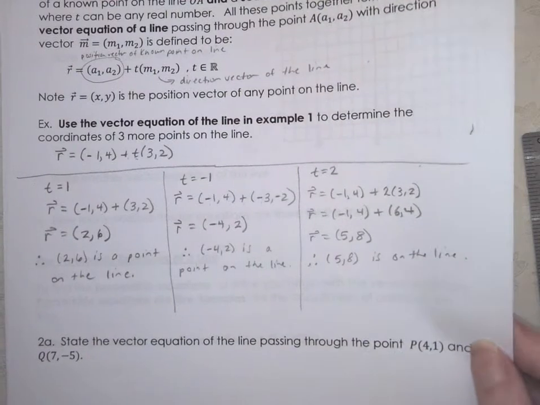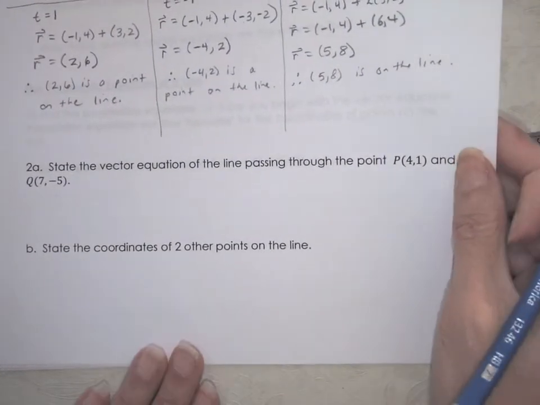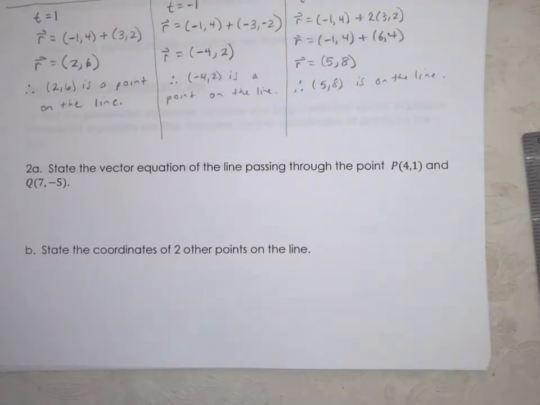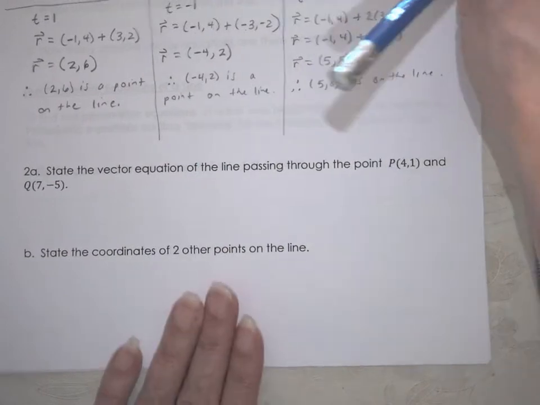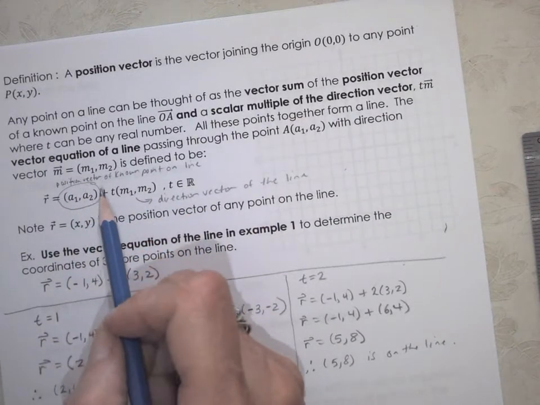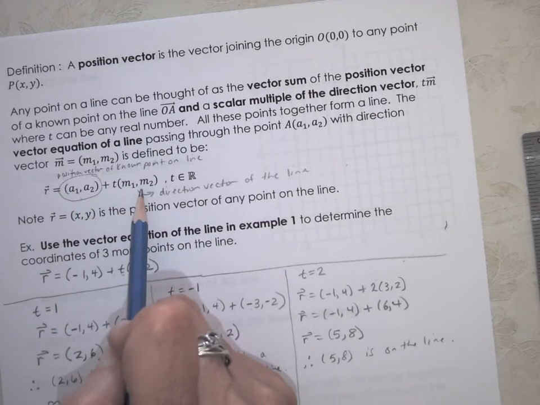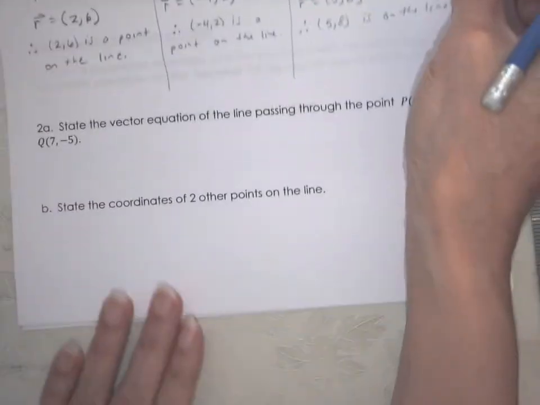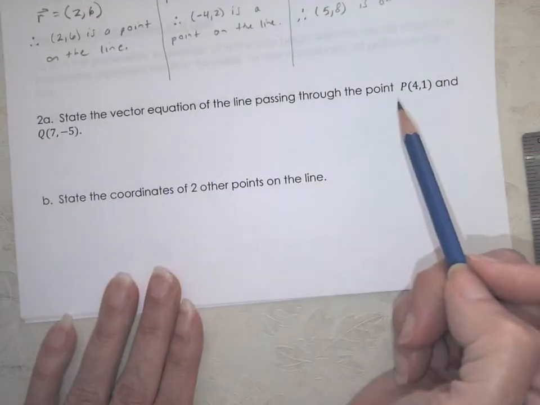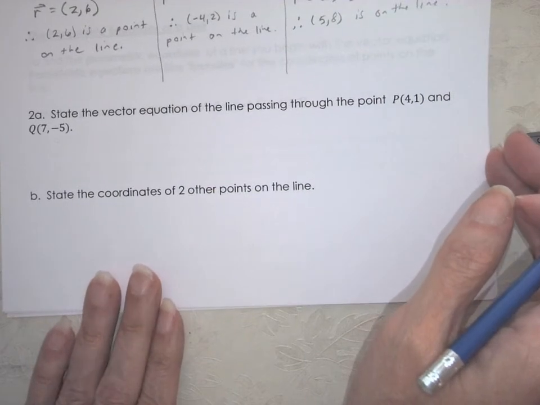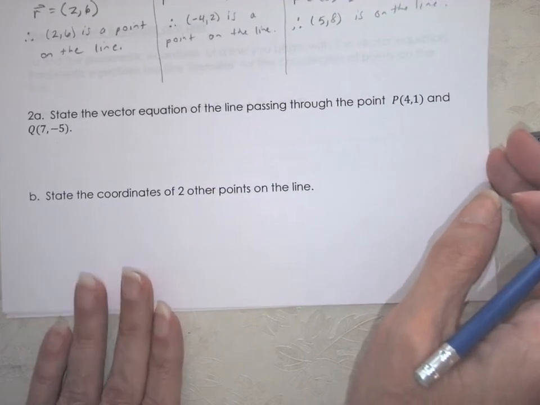So question 2a, state the vector equation of the line passing through these 2 points. Okay, so according to the vector equation of a line, we need to know the position vector of a point on the line, and we need to know the direction of the line. So we're given 2 points, which is great. We could use either one of those as a position vector of a point.